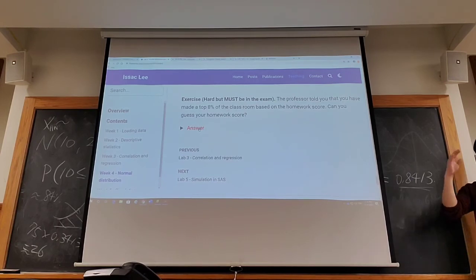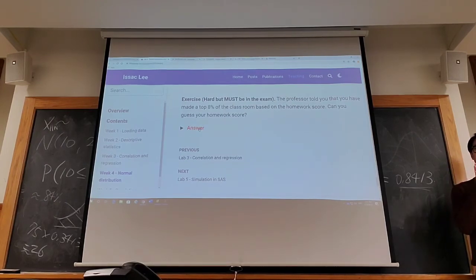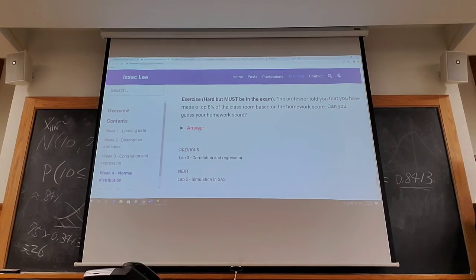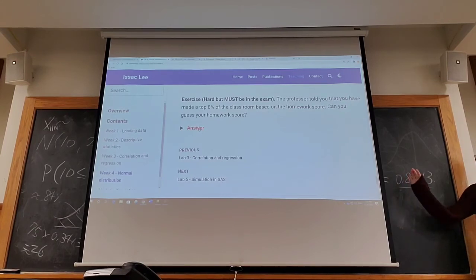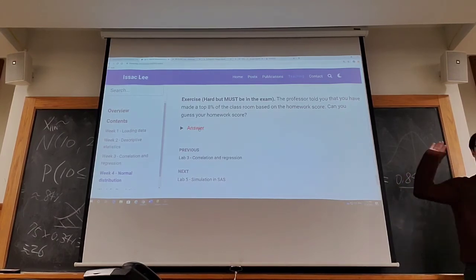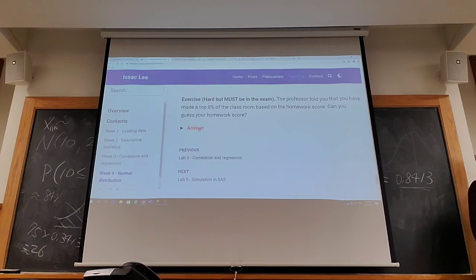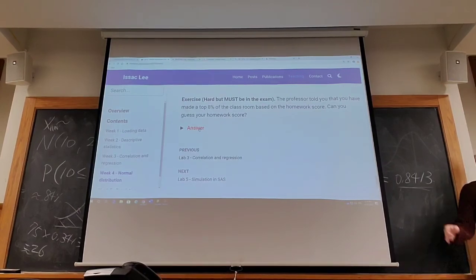Which means when you think about the distribution of the classroom, the percentage below your score will be 92%, right? So you have the information in the standard normal scale, and then you want to convert that into the normal scale, the original scale, right?